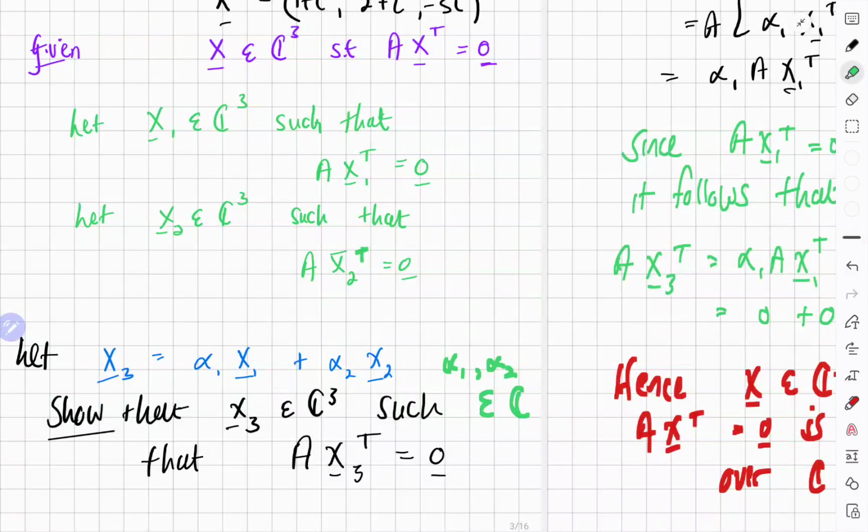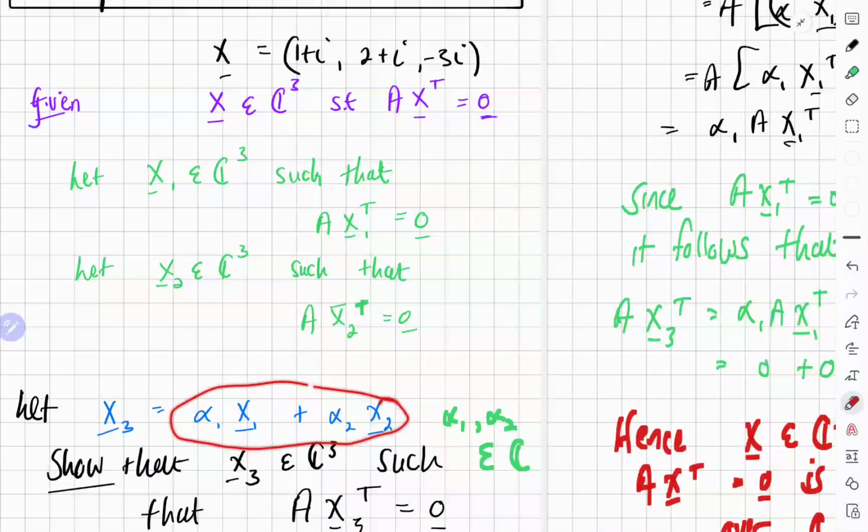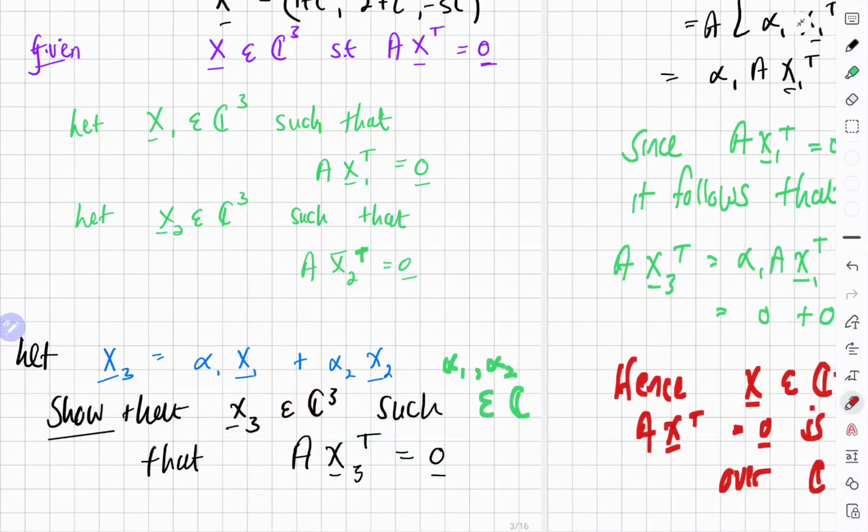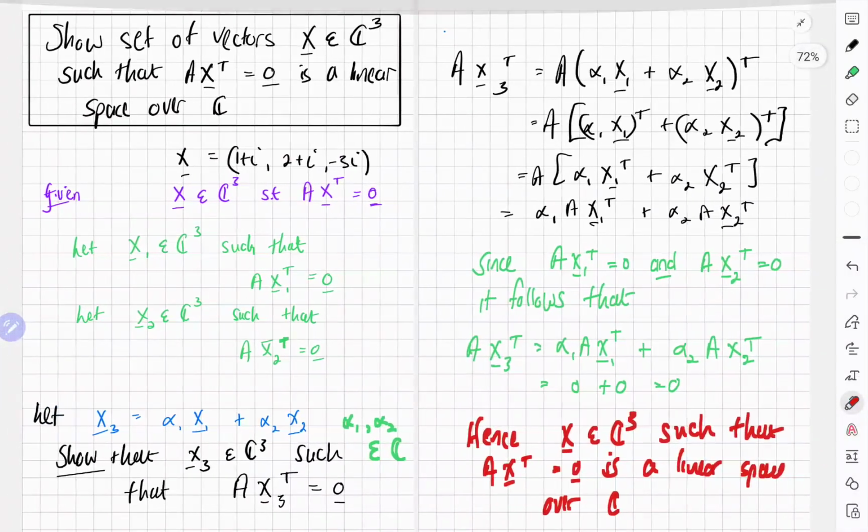So now what do we have to show? We have to show that our linear combination is again in C3 and that it has this property. Hence, I must show that x3 in C3 does have this property. So that's what I need to show.